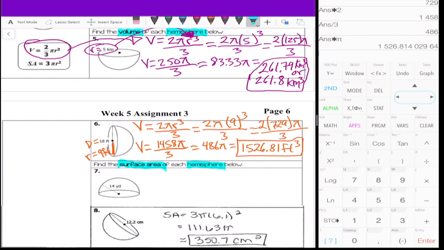So here, we got to find surface area. If you see, I highlighted the surface area with the highlighter, bringing it down with a little arrow. So we're going to use 3 pi r squared. These are the easiest formulas we've been working with so far, not comparing to the trapezoidal prisms and all that goodness.